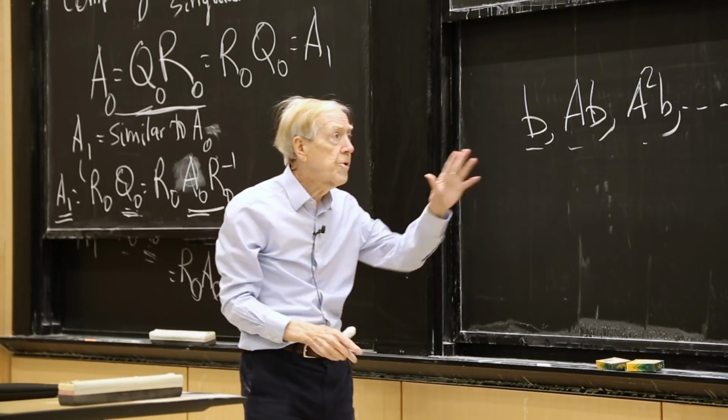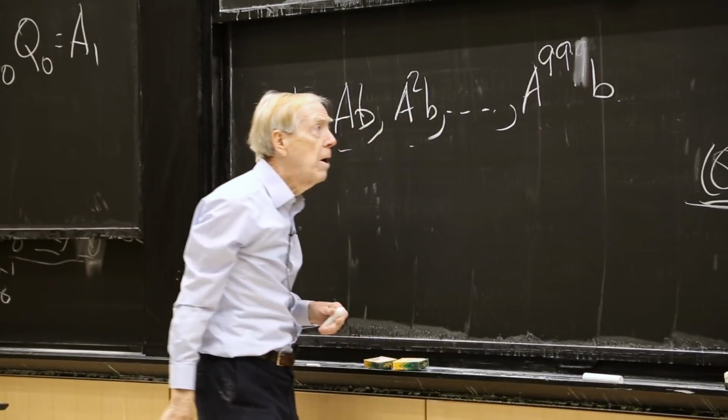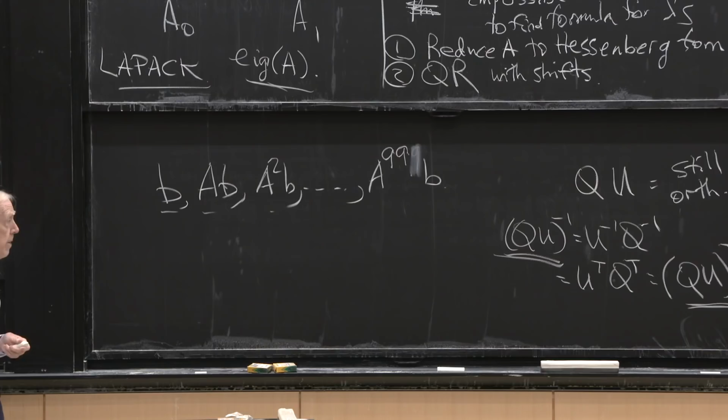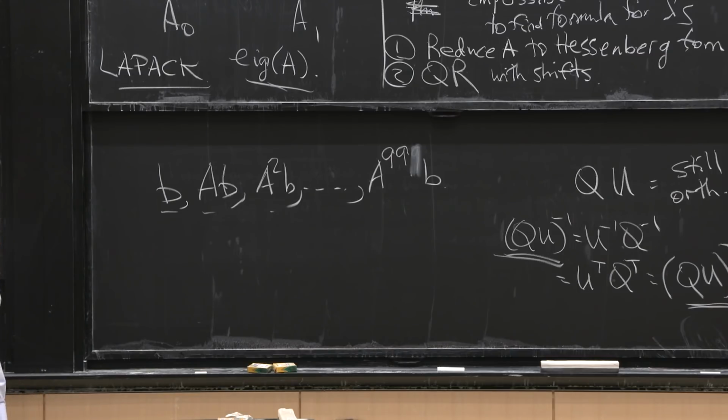And actually, I wouldn't go up to 1,000, let me take a 9 out of that. 100-dimensional would probably catch the eigenvector. So if the eigenvector is virtually in this space, then we can look at a matrix of order 100.